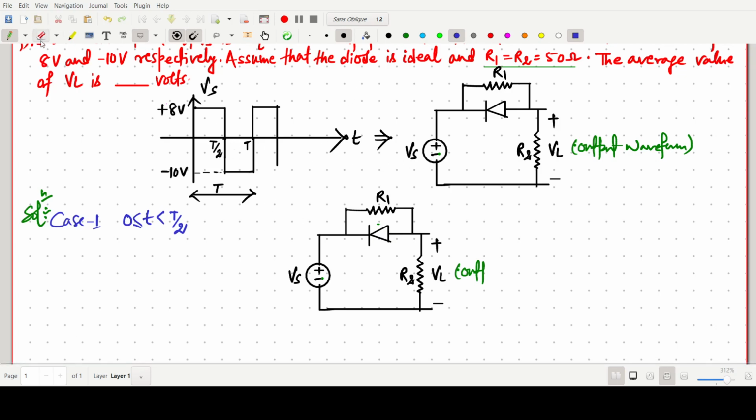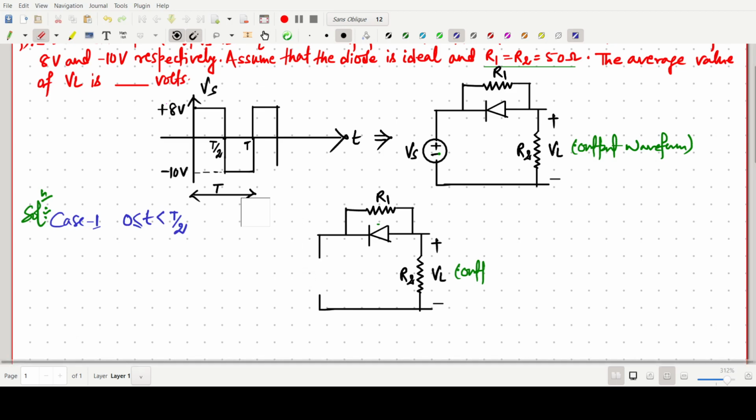So instead of this source, we can make a supply like this, 8 volt. For the first positive half, between 0 to T by 2, the value of Vs is 8 volt.